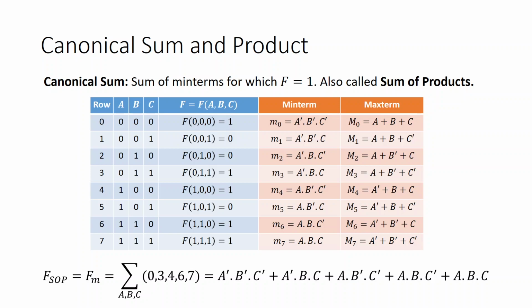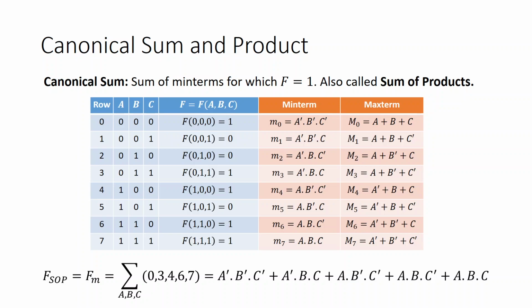So what you need to do is observe from the truth table which of the outputs are 1. You simply write down the corresponding min terms and sum them up. So this is how you can get the sum of products expression, or the canonical sum expression.